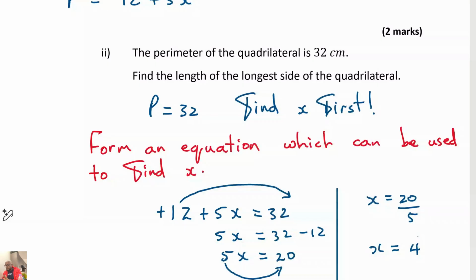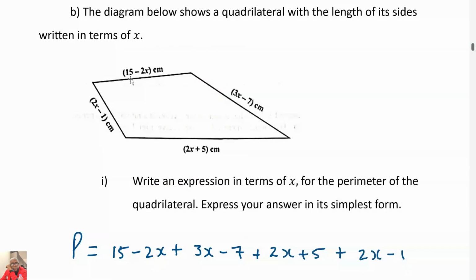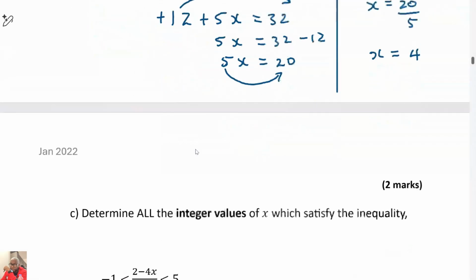So let me go and look at the quadrilateral to see which side is the longest side. Which side is the longest side here? It's obvious. 2x plus 5, right? Going back down.